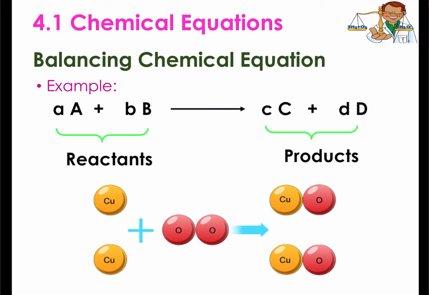But when you want to write it down in chemical equation, you have to use the symbol given from the questions or symbol that you've known for its chemical formula and write it down in one straight line. I repeat again, write it down in one straight line. So on my left are my reactants and on my right are my products.